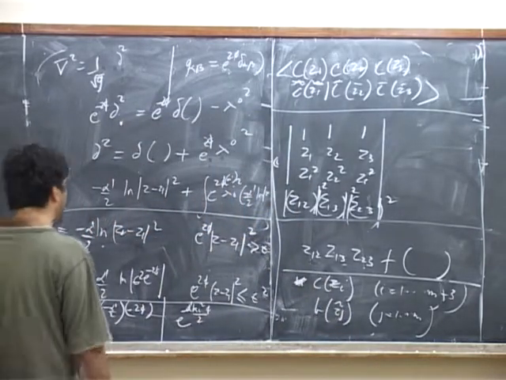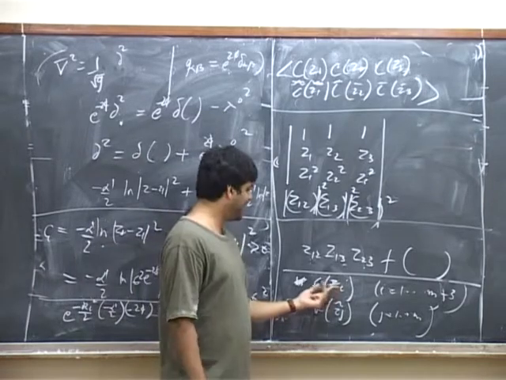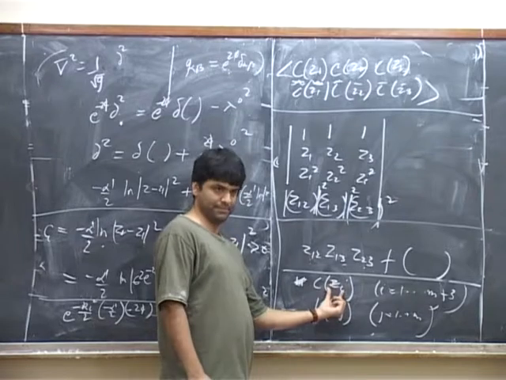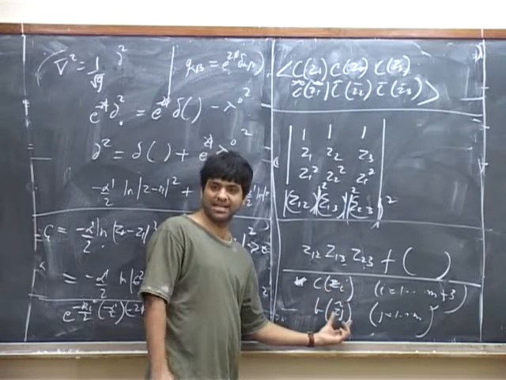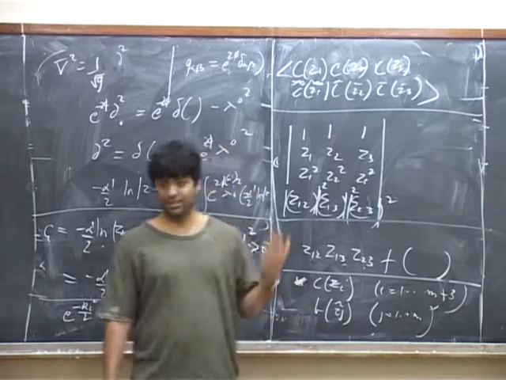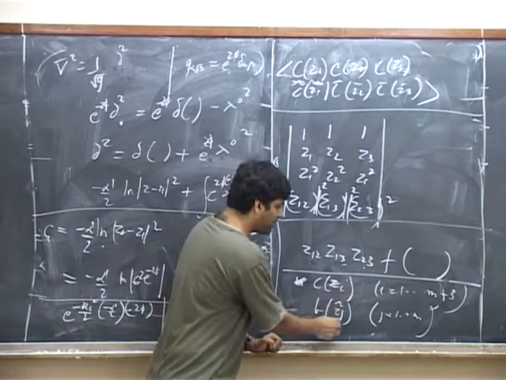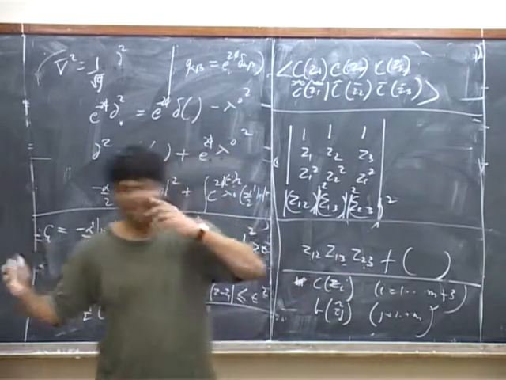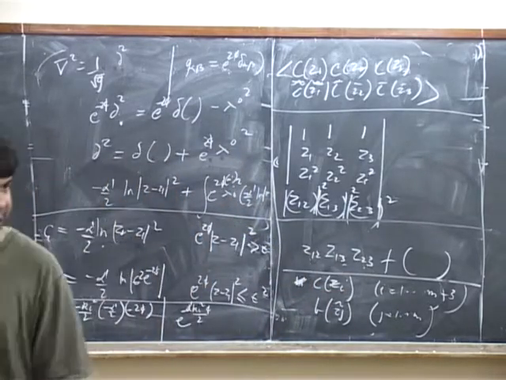A function that has all the right zeros is something that has a product of z_ij for every c and a product of z tilde_ij for every b. A function that has all the right poles is a product that has zi minus z tilde j in the denominator for every pair of i and j.